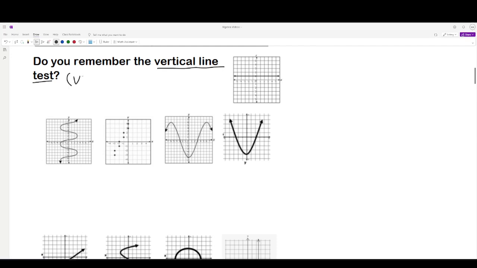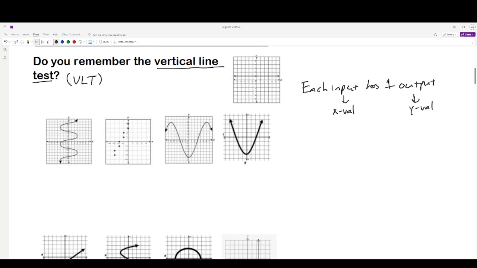Sometimes we call that VLT. It says that a way of seeing that each input has one output is to check, remember, inputs are just X values and outputs are Y values.